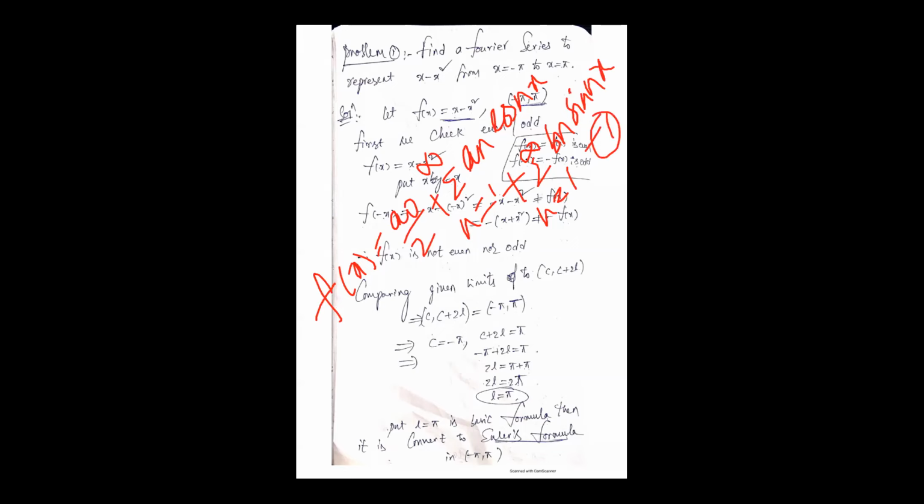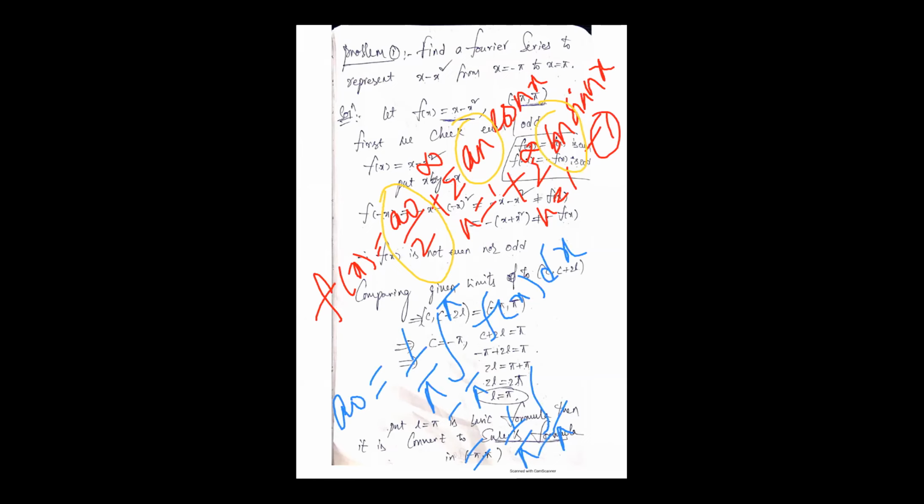In Euler's formula, we have to calculate a naught by 2, a n and b n, where a naught equals 1 by L, here L equals pi, integral c to c plus 2L, the given limits minus pi to pi f of x dx. That equals 1 by pi, integral minus pi to pi, f of x means x minus x square into dx.